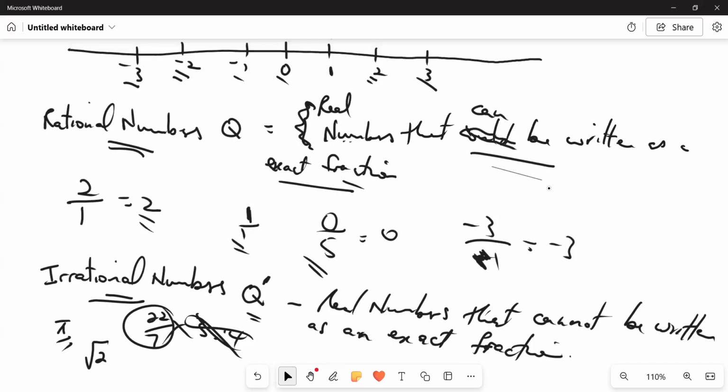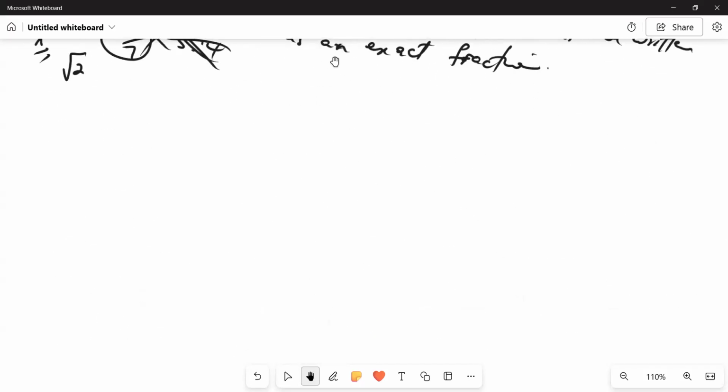Root 3, root 5. There's a famous number in mathematics called E. Oh, by the way, I hope you have a notebook and you're not just sitting down watching me, thinking you'll watch the video back. It's good to have a notebook and jot down things.